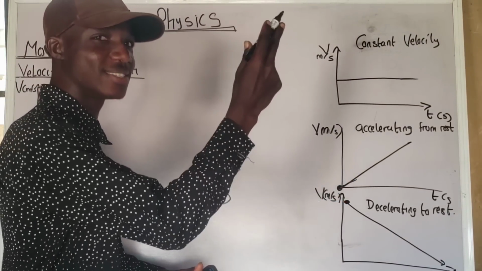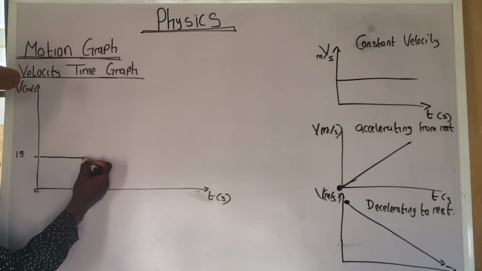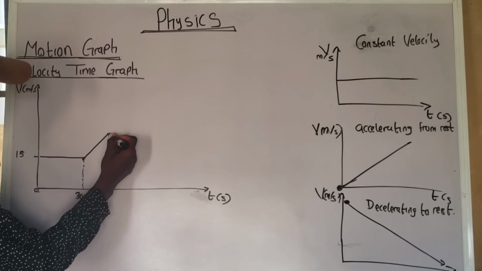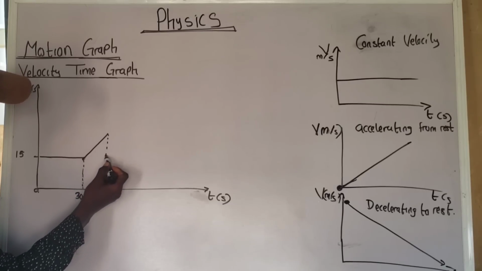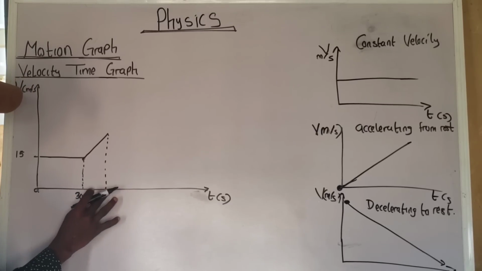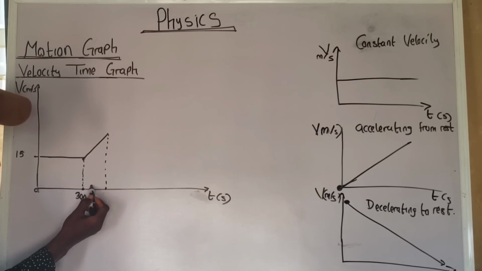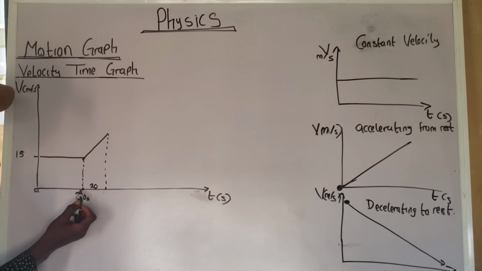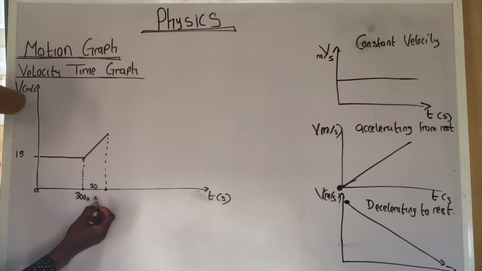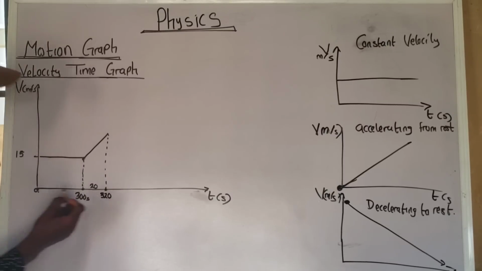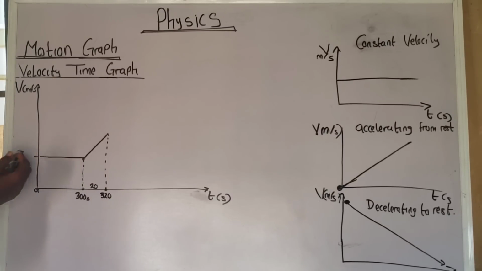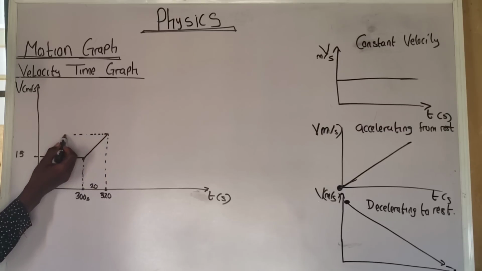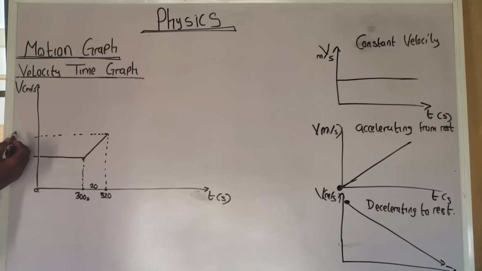So it accelerates for 20 seconds. Now, if I want to calculate the distance from this point to this point, that will be 300 plus 20, that will be 320. Now, let us trace this to this point. This will be 25 meters per second.